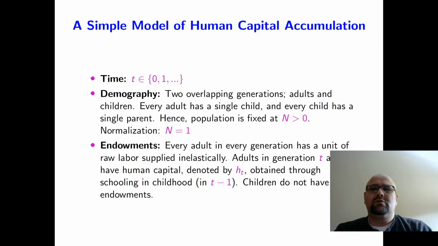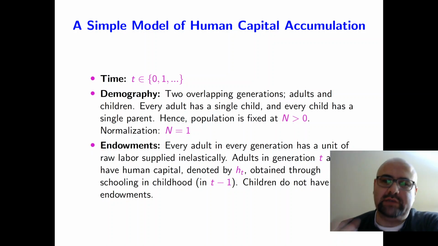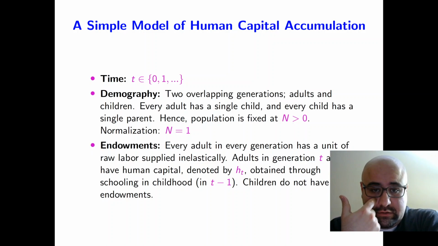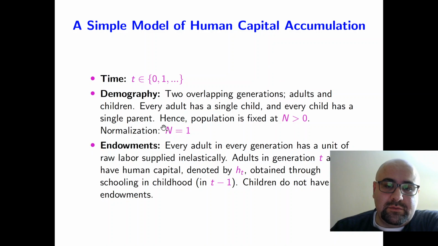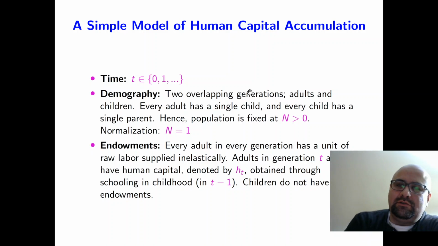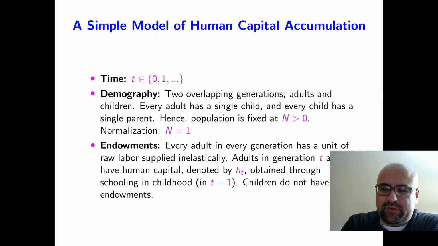Okay, so once the adulthood ends, then people die and leave the stage, and then their kids will take the stage as adults. Here's one other simplifying assumption. This is without loss of generality, so we are assuming that population is just 1 or just 1 million or 1 billion. It doesn't really matter because this model has no scale effects.